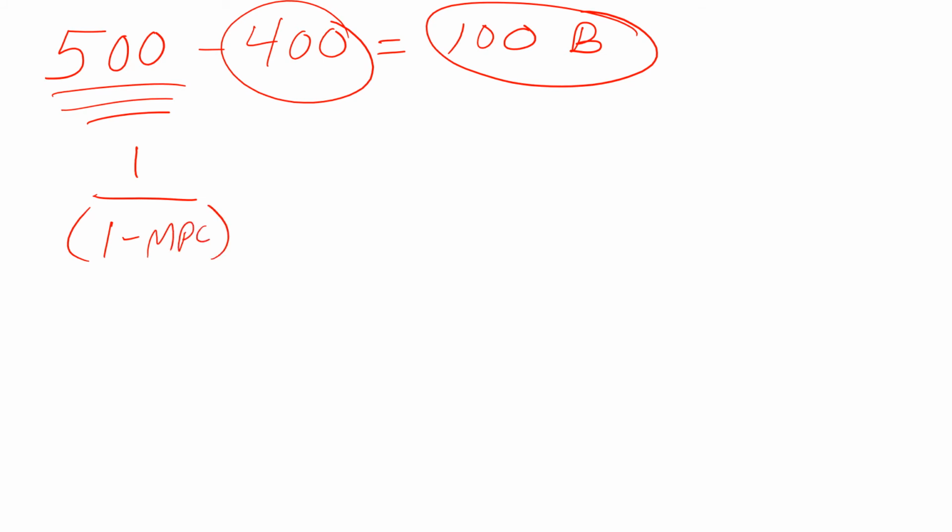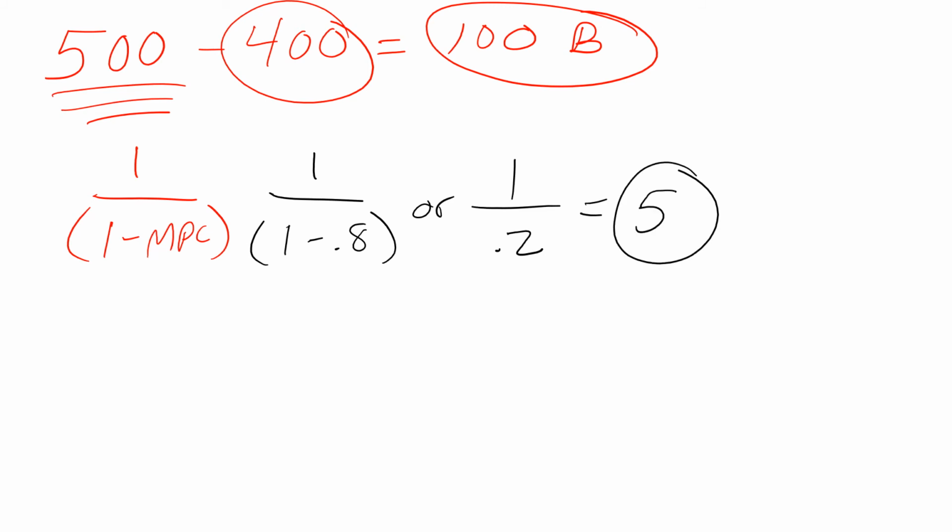In this case, it's 1 divided by 1 minus 0.8, or 1 divided by 0.2. So 1 divided by 0.2, pretty simple math, is 5. In other words, 0.2 goes into 1 5 times. So this is our multiplier.